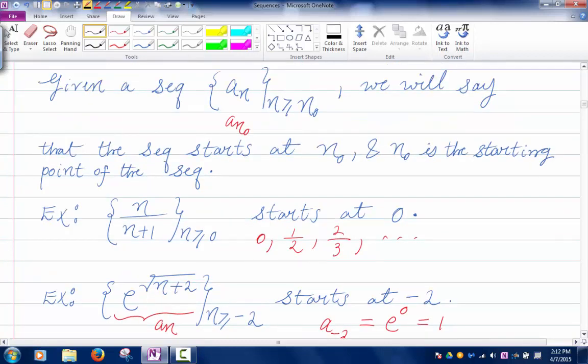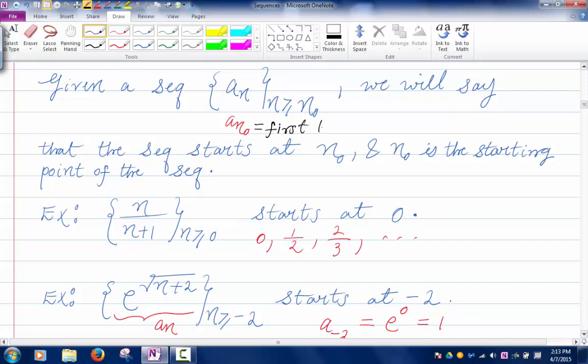Now, given a sequence a_n where the starting index is n naught. So n naught is the starting index for the sequence. So what is the first term of this sequence? The first term of this sequence is this guy, right?